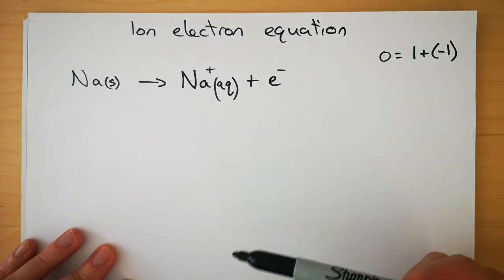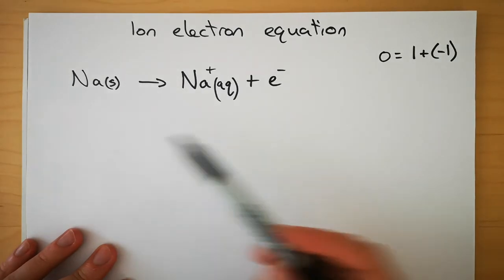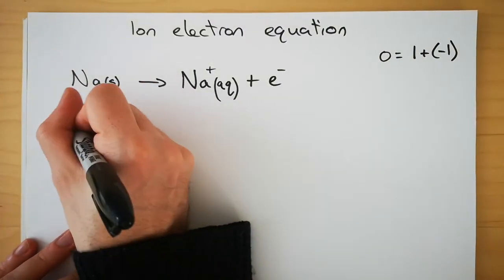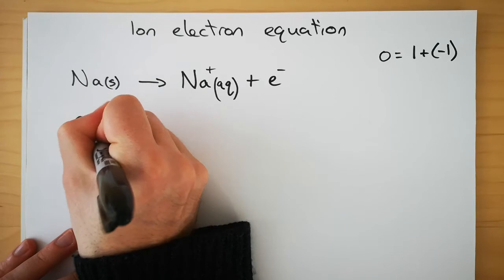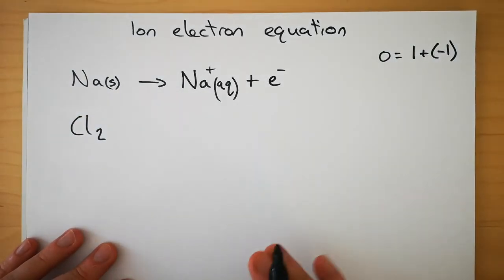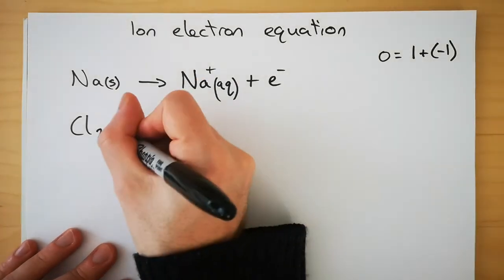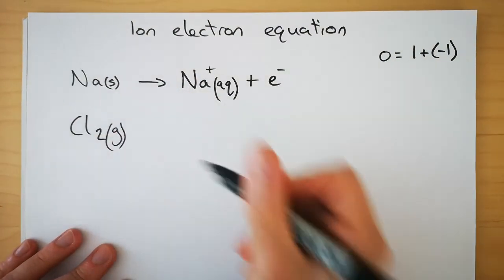Now, what we're going to do next is we're going to take a little look at the chlorine. Now, the chlorine is diatomic, means that in its natural state, you're only ever going to find it as Cl2, and that will be a gas.